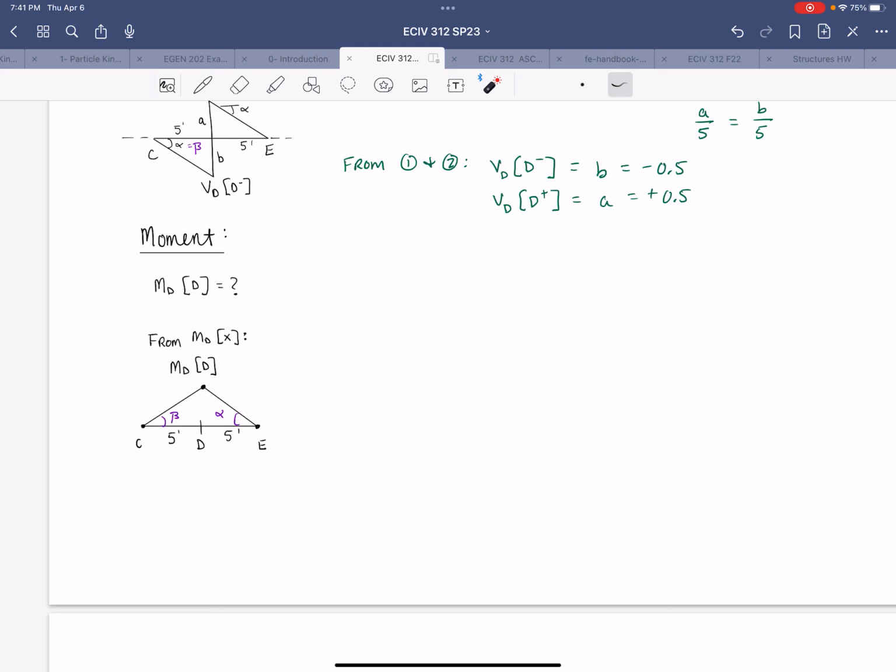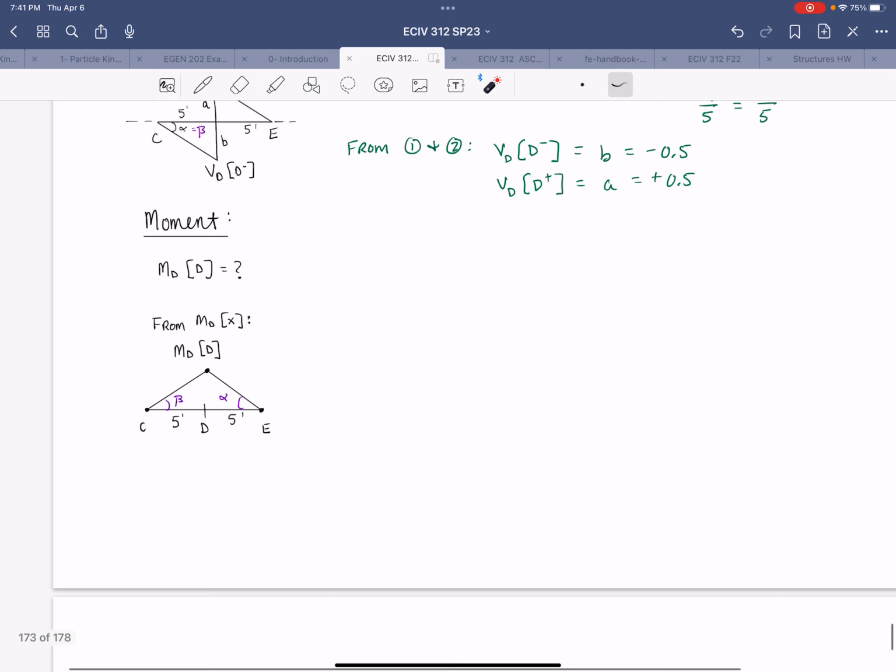All right, so we again need two equations, because this time our two unknowns are the angles on either side of the hinge, right? So we need to know alpha and we need to know beta. So our first equation is going to be that of the unit rotation. Alpha plus beta is equal to 1.